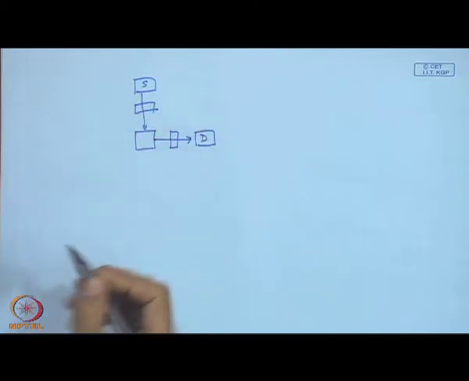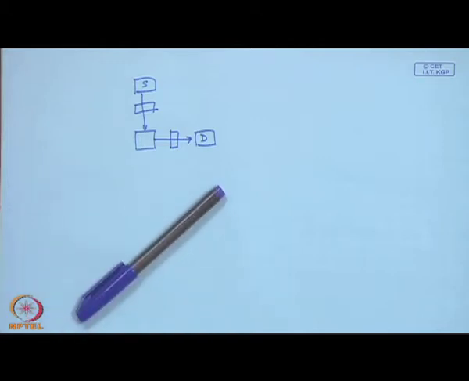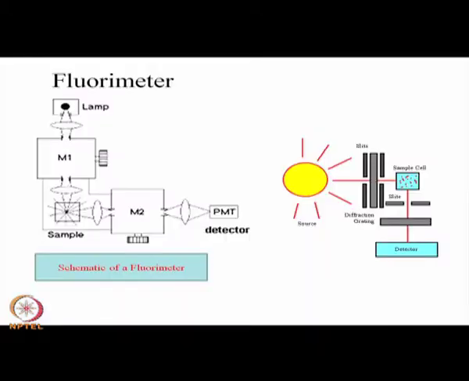Now, the question is why is your PMT or the detector placed at 90 degrees, means at a geometry which is 90 degrees with respect to the incident light. The point is that when light hits the sample, there is possibility of scattering, okay, in all directions.